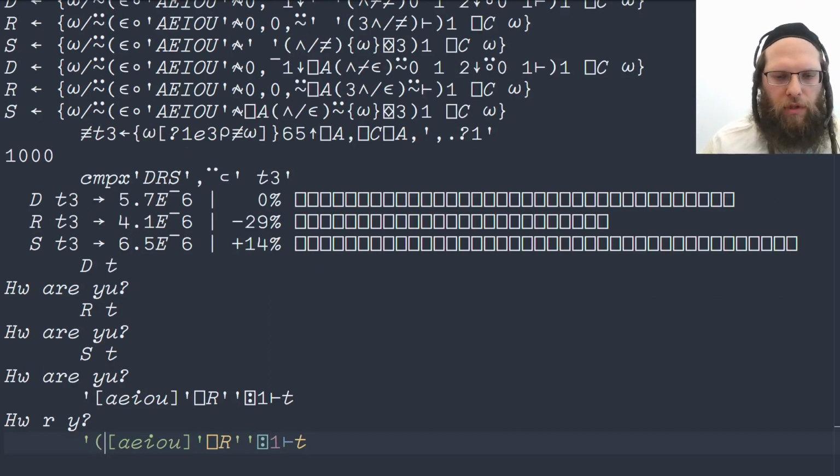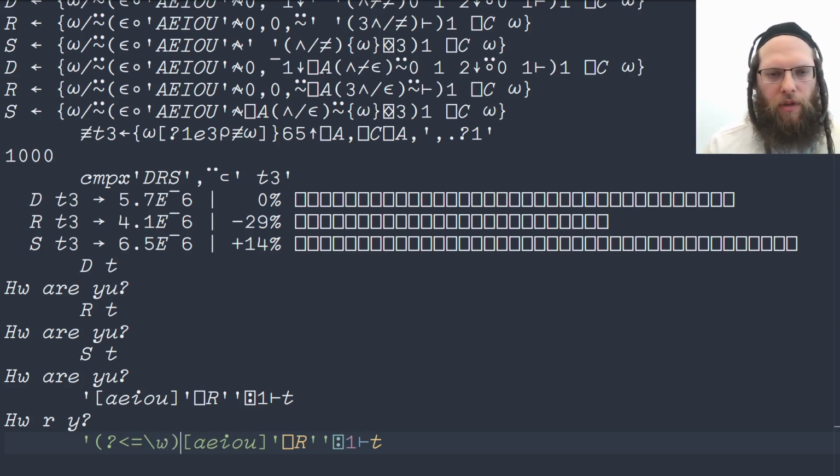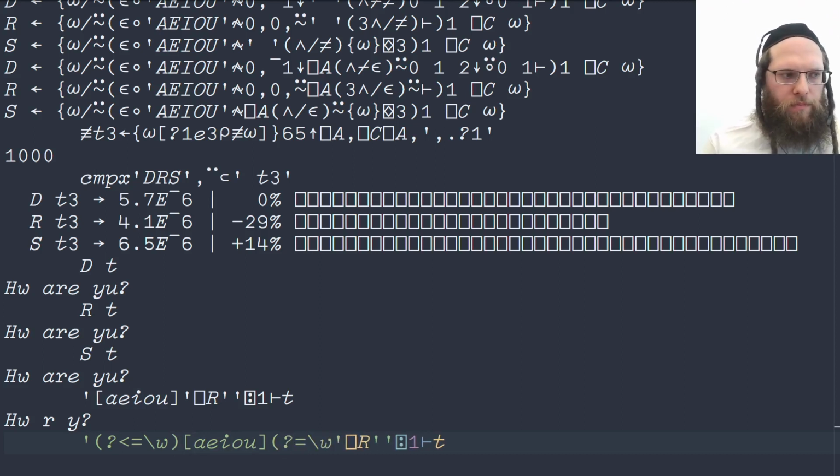What we want to assert is, first, whether on the left we have a word character. If there's not a word character on the left, then we're not interested in this vowel. That also means if it's the first character in the input, then we're not interested in it. We also want to make sure that on the right we have a word character.